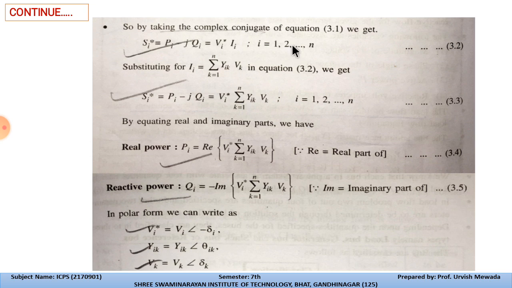By equating the real and imaginary parts, we have the real power Pi equal to Re, where Re indicates the real part, of Vi conjugate times the sum over k equal to 1 to n of Yik Vk. And the imaginary part, or reactive power, is Qi equal to minus Im, where Im is the imaginary part, of Vi conjugate times the sum over k of Yik Vk. So we are just writing the same term for the real and reactive power.